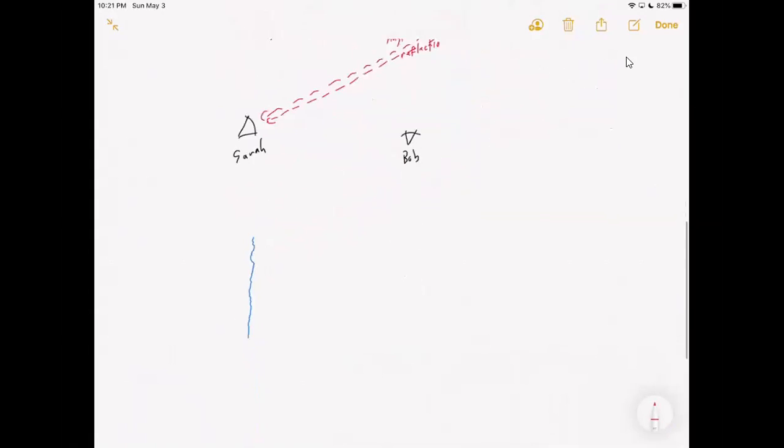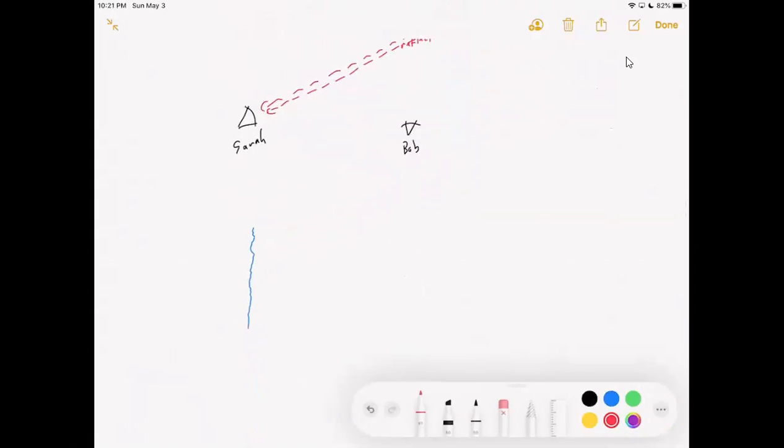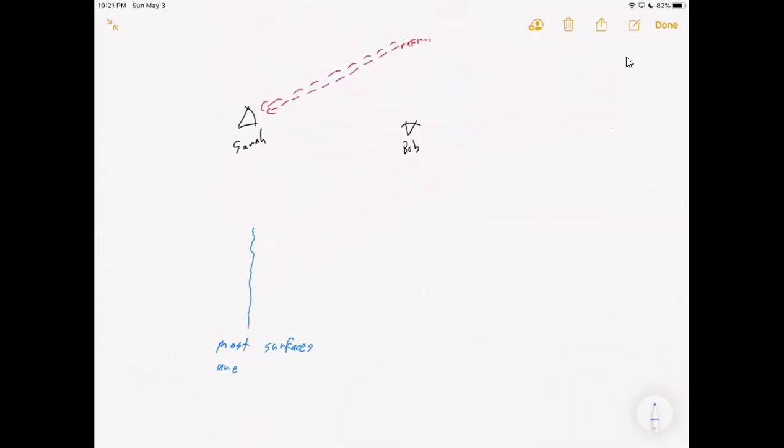But the surface of most objects are rough, down to almost a molecular scale. So if I had one beam of light coming in from over here, it might hit and bounce way over there.